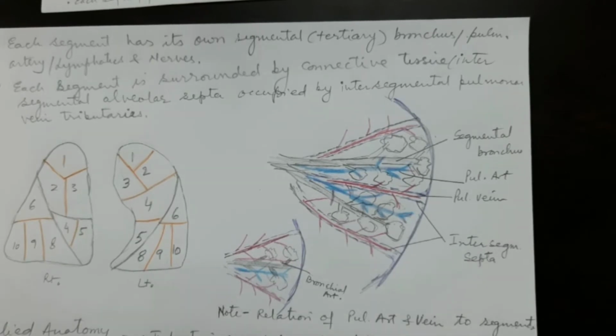That is the pulmonary vein, not a big vein, but the tributaries of the pulmonary vein which are present within this connective tissue septa. They carry the oxygenated blood. So these are pulmonary veins which will ultimately pour their oxygenated blood into the left atrium.